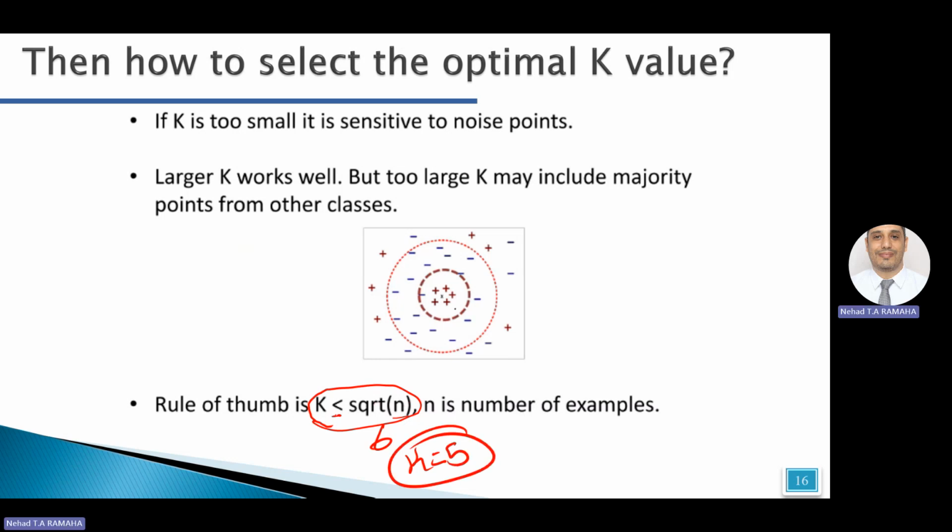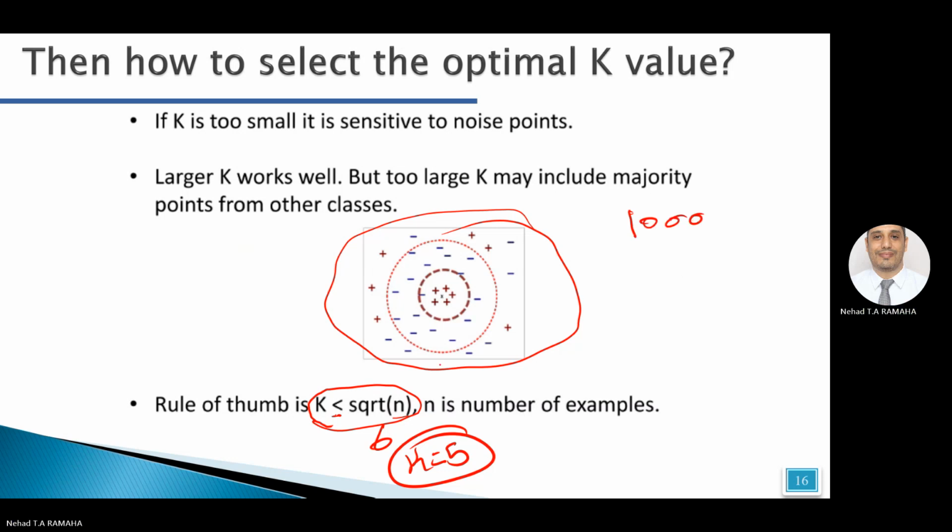What is N? The number of elements in the whole training data set. So if we have a 1,000 data set, K must be, or it's better to be, how much?